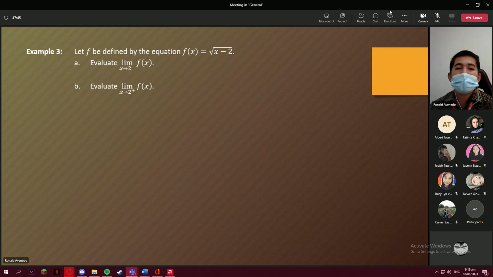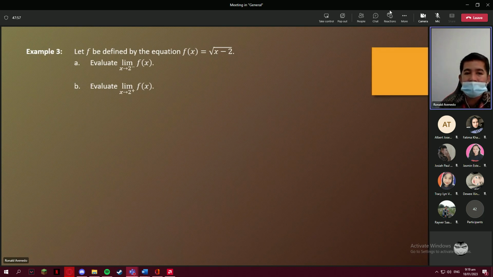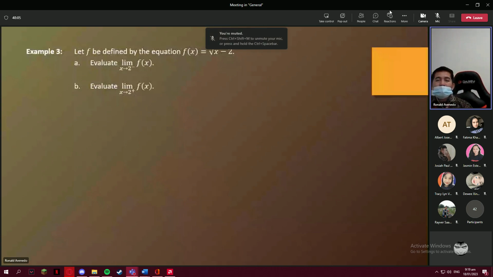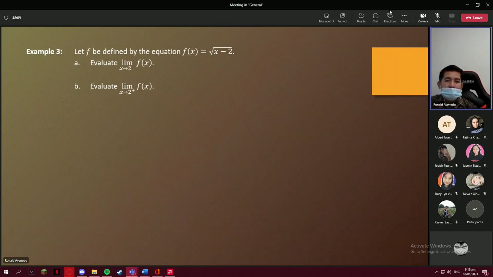Example, let f be defined by the equation f of x is equal to the square root of x minus 2. First, evaluate the left limit, and b, evaluate the right limit, or the limit of f of x as x approaches 2 from left or 2 negative, and the limit of f of x as x approaches 2 positive or from right of 2.